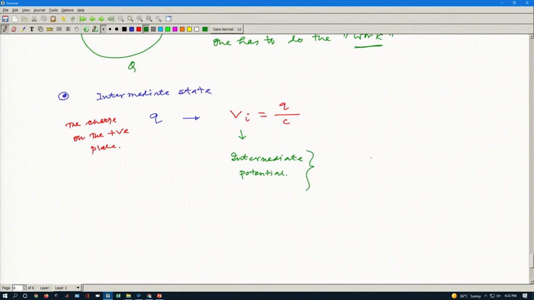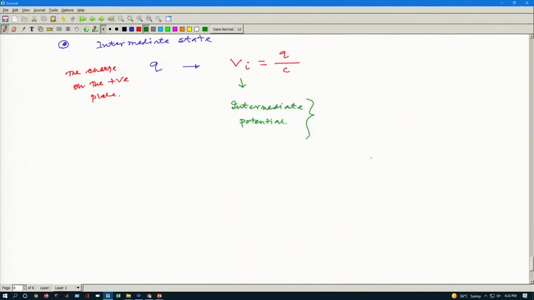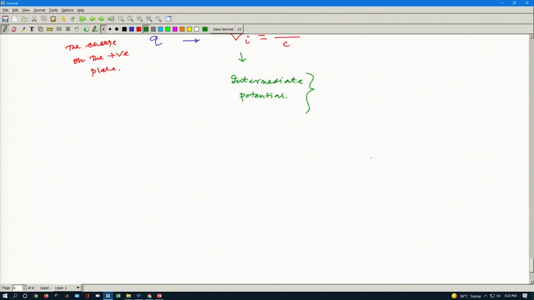Okay. So, now the work done required for the next piece of charge.